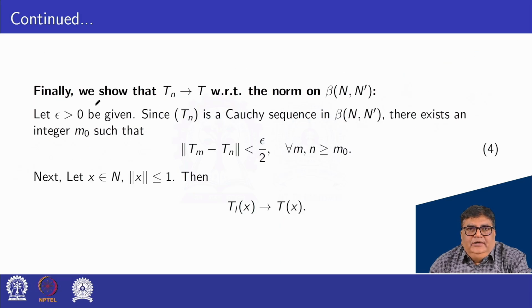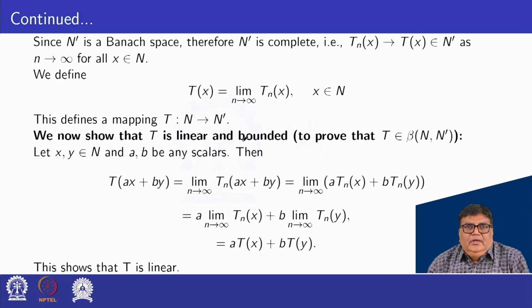Finally, we show that Tn converges to T with respect to the norm on B(N, N'). Here we have proved T maps N to N'.